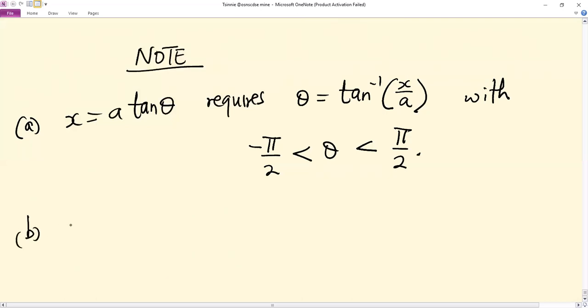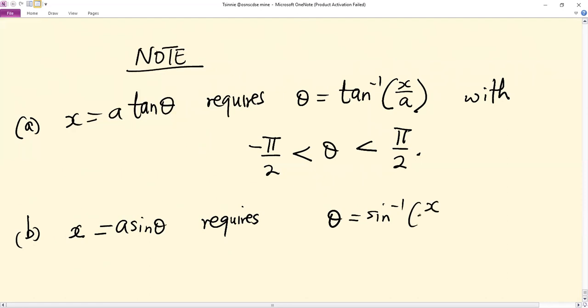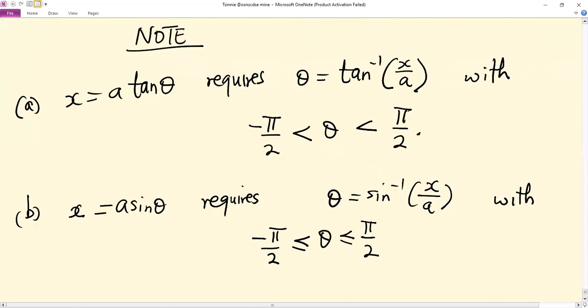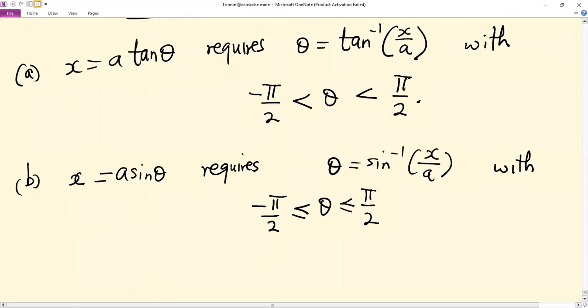And then B, the substitution x equals a sine theta requires theta to be the sine inverse of x over a, with the angle between minus pi over 2 and pi over 2, but this one we allow the angle to equal negative pi over 2 and also pi over 2. So that's the interval where the angle is defined.